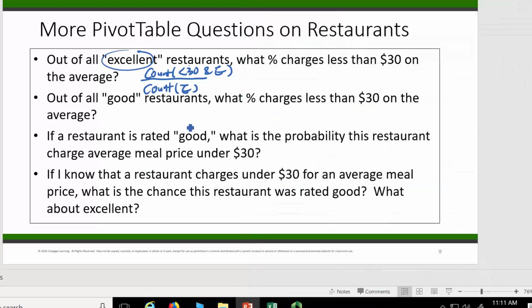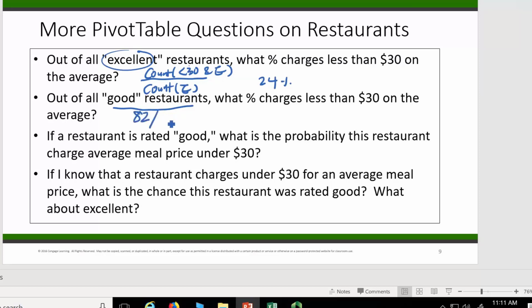Okay, so let's do it here. 24%. Is that right? Okay, out of all the good restaurants, what percent charges less than $30 on the average? Out of all the good restaurants, I'll do 82 divided by 84. That's equal to 98%.